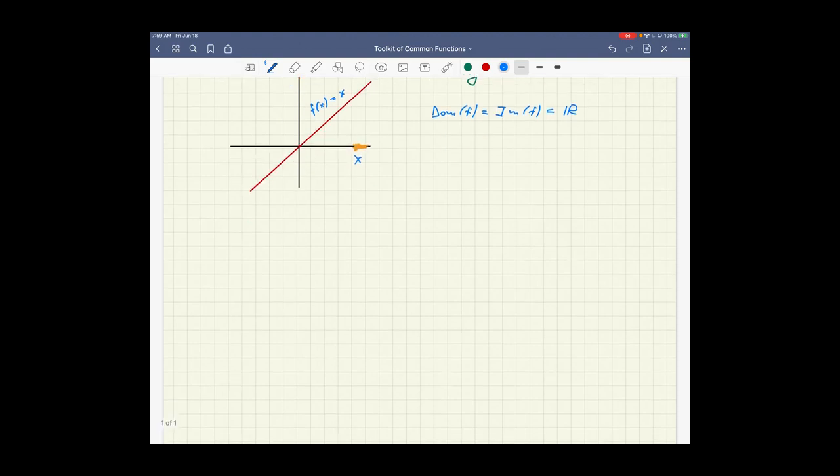All right, later we will talk about the absolute value function. f of x equals absolute value of x.